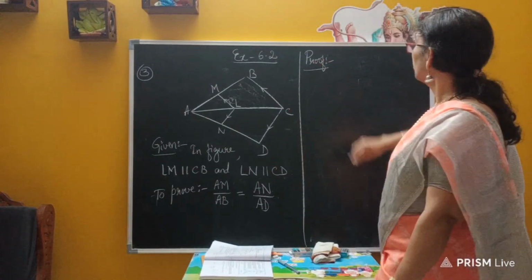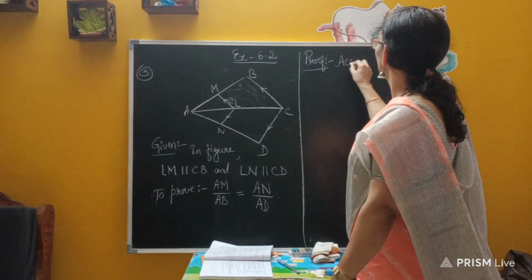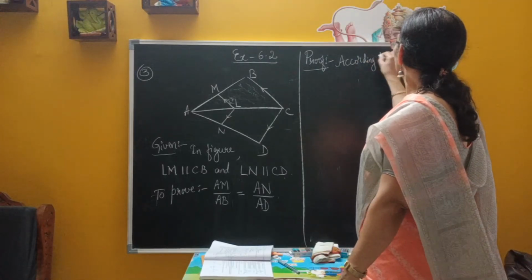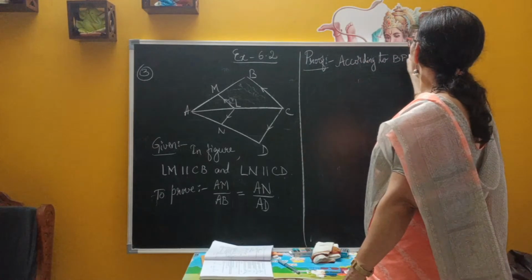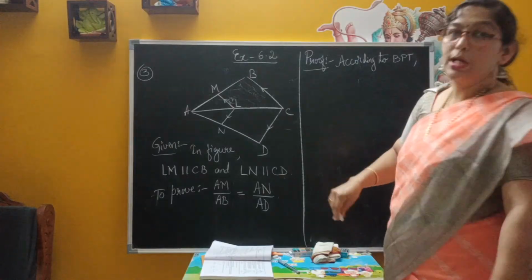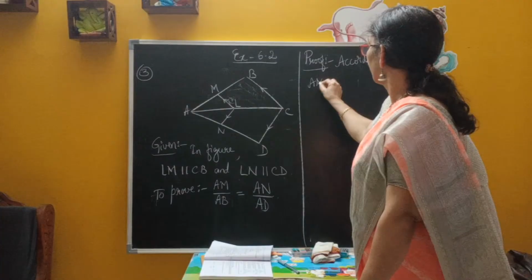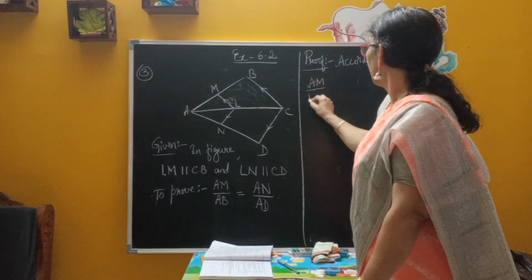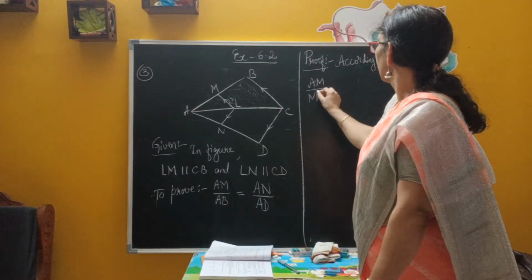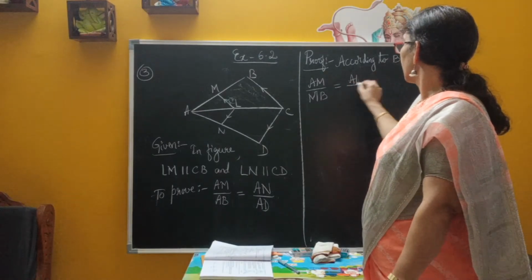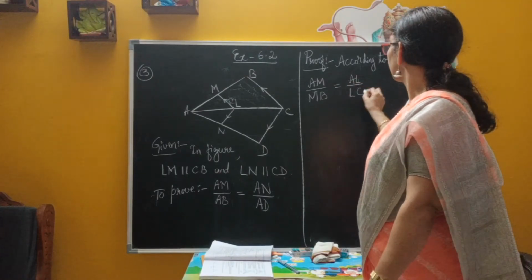Proof. According to BPT, basic proportionality theorem, we write AM by MB is equal to AL by LC.